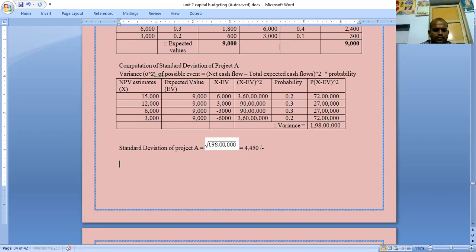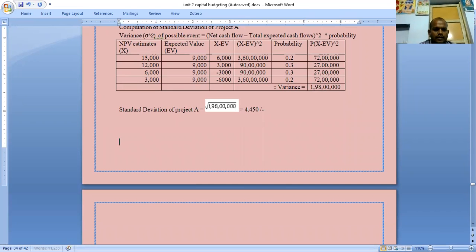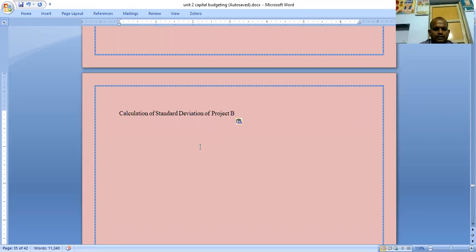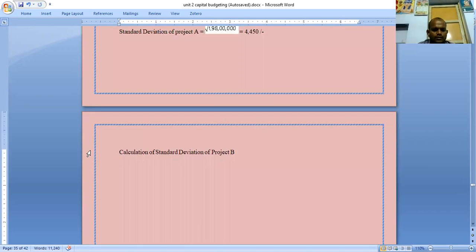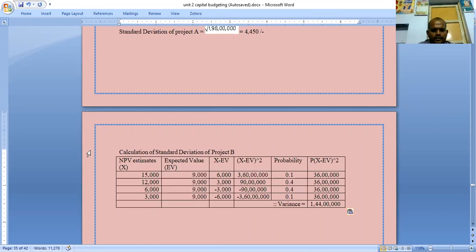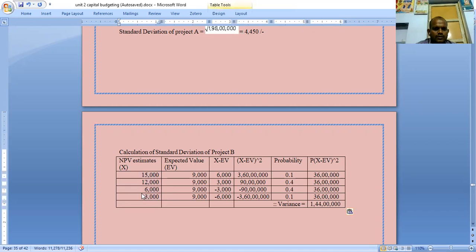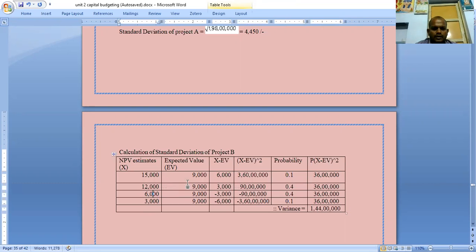Same procedure, we have to calculate the variance and standard deviation for project B as well. So I already calculated. NPV estimates of project B and 9,000 expected values.